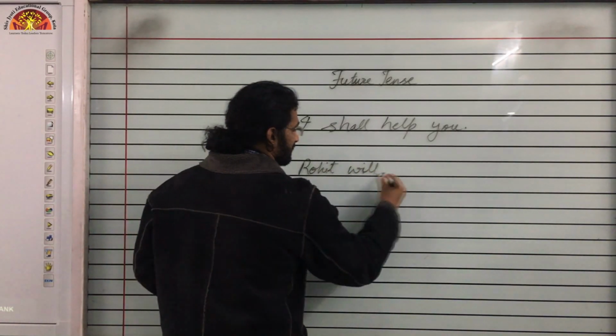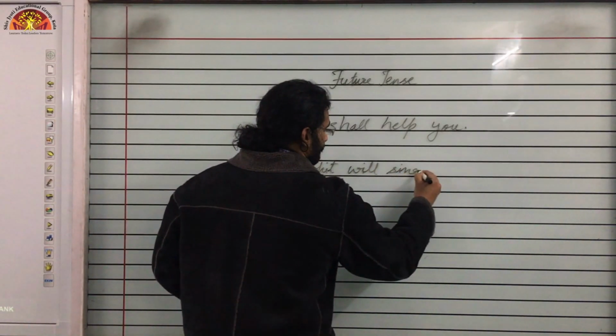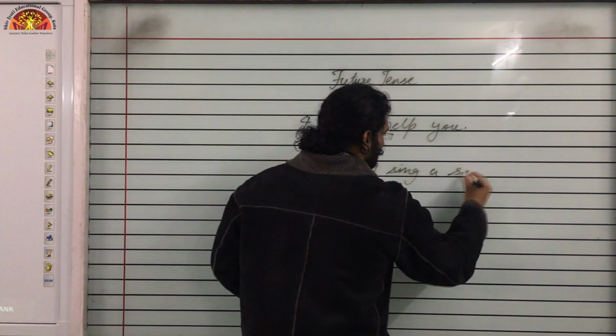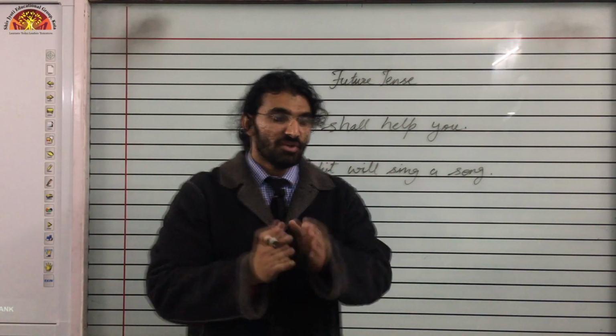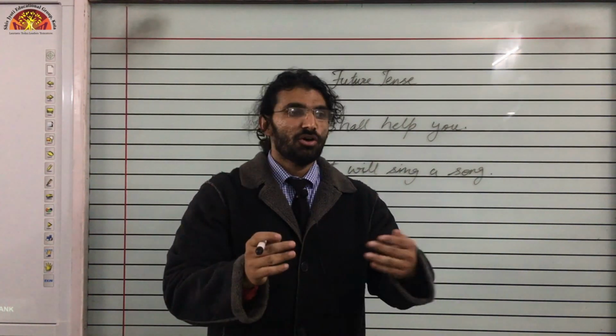Rohit will sing a song. Right now Rohit is sitting silently. He's not singing, but in the next 5 minutes maybe, or in the next 10 minutes, he's about to sing a song. So we will say here like this, Rohit will sing a song, because it hasn't happened yet, but it is about to happen. It will happen in some time. It is of future tense.